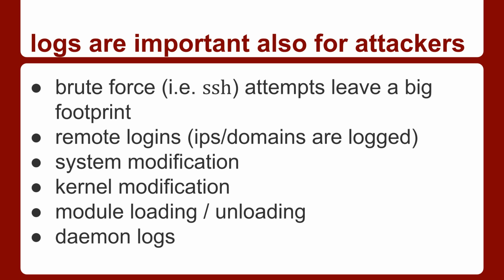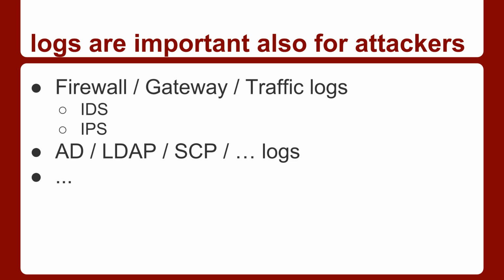You'll see any messages regarding modification of the system, modification of the kernel, loading or unloading modules, any changes to daemons, and things that may be part of the network, not necessarily part of that system, involving also firewalls, gateways, and traffic logs, and these may log every single packet that's gone over the wire for perhaps the last 30 days or so.